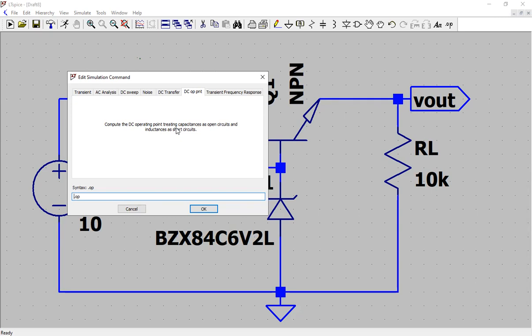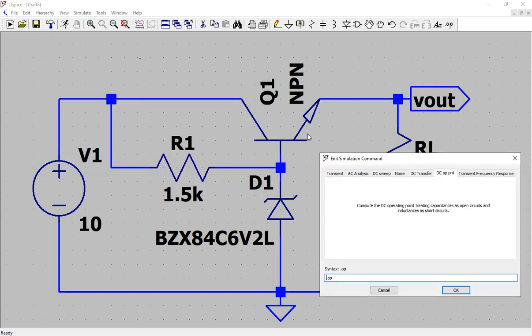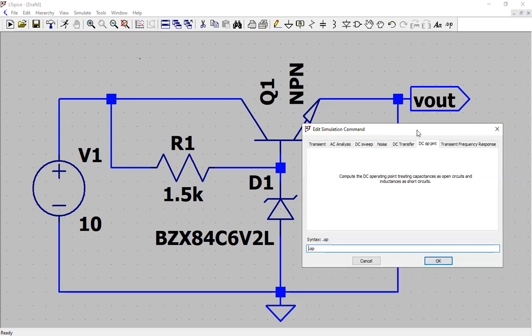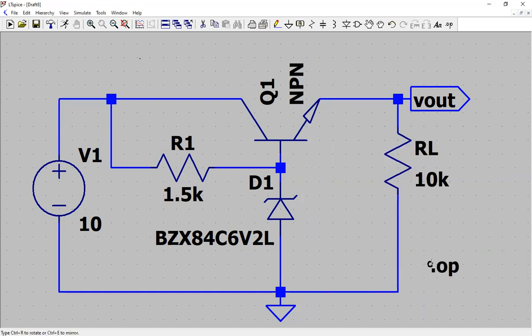It will treat any capacitance as open circuit and inductance as short circuit. Fortunately, we don't have capacitance and inductance in the circuit, at least visually. There are parasitics of the transistors and the diodes in the circuit, but that's the practical model. We are just taking the ideal case. The syntax for this simulation is .op. Click OK and place it somewhere.